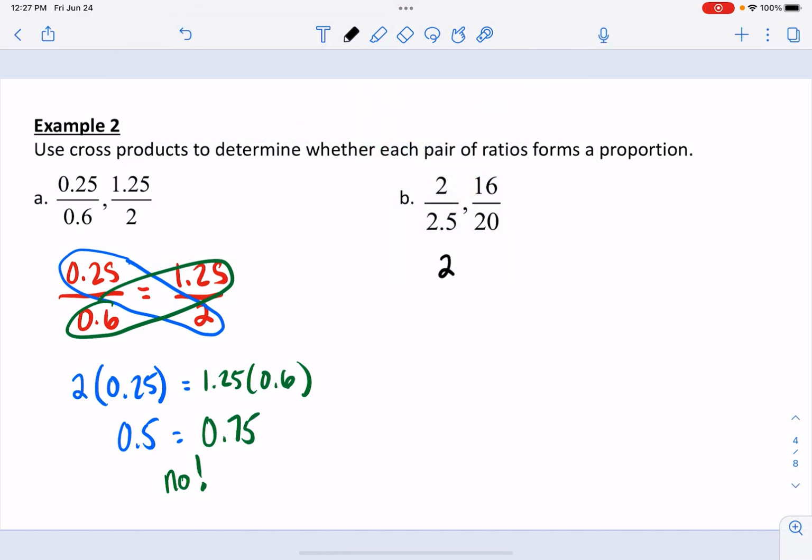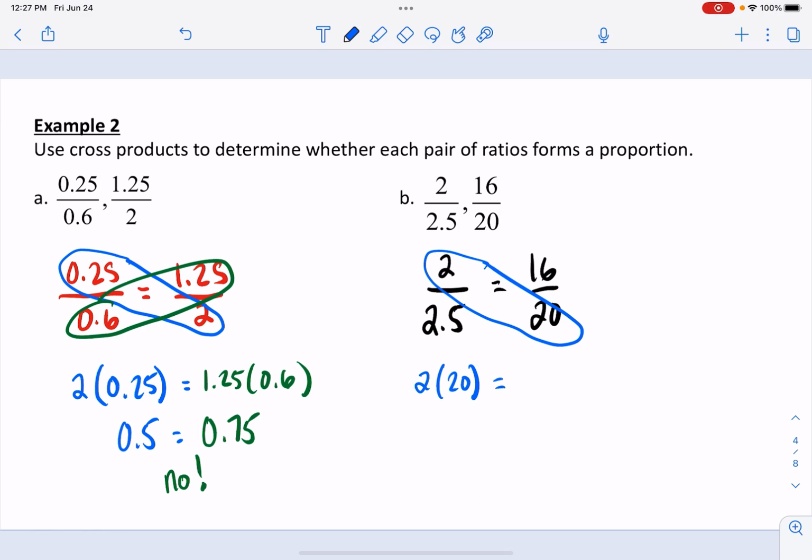We do the same thing with this one. I cross multiply: 20 times 2, is that equal to 16 times 2.5?